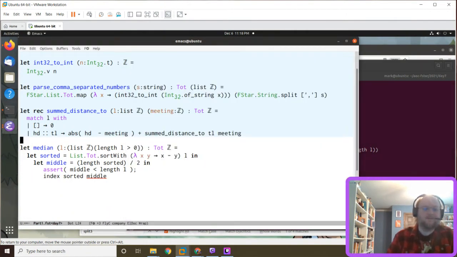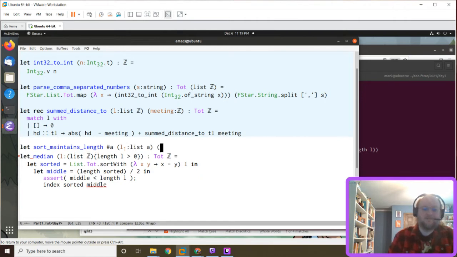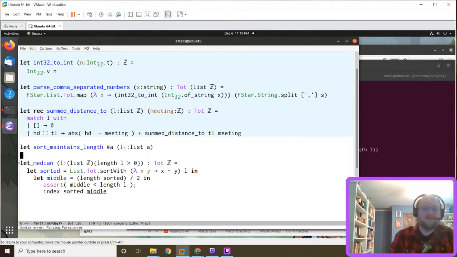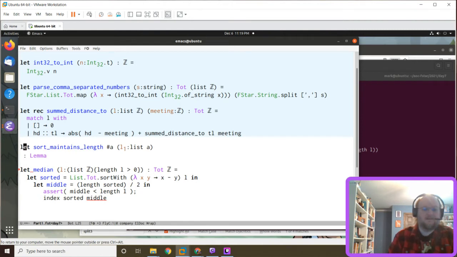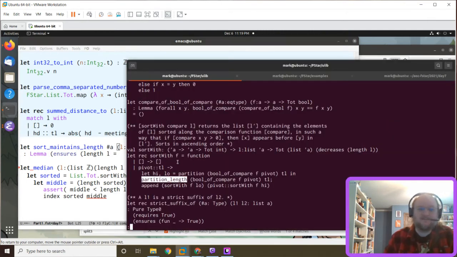So, all right. I'll write it for any type. Length L equals... we need to take the sort function.